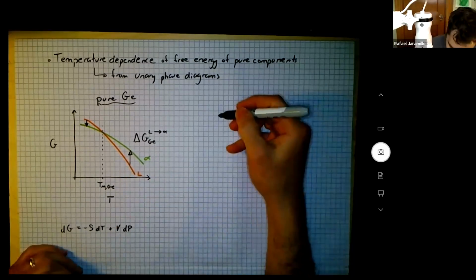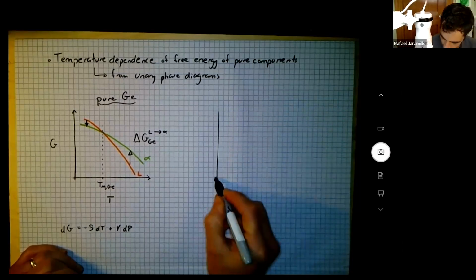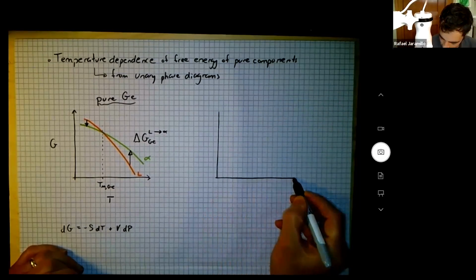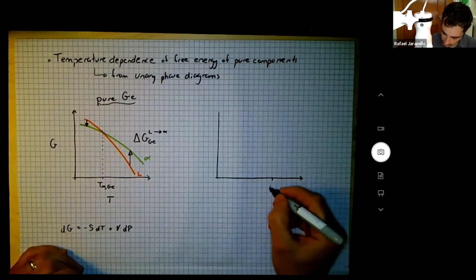Let me draw something similar for pure silicon, which will basically look the same, except I'll put the melting point higher.